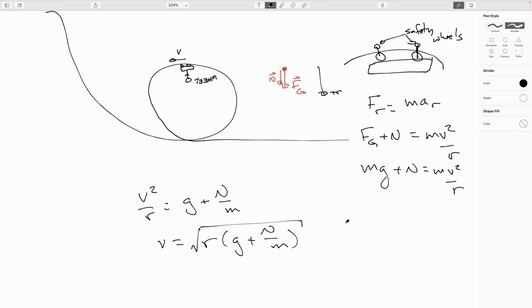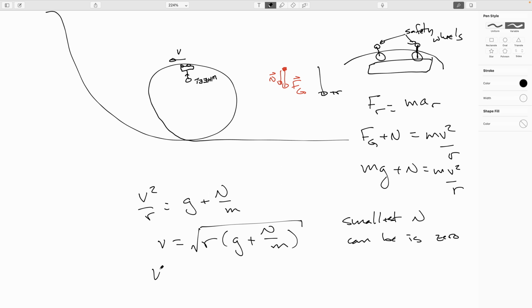Now, the smallest n can be is 0. Because otherwise, without the safety wheels, you would be detached from the track, and in fact, you'd be moving in a parabola, which could be very exciting, but would also probably be pretty lawsuit-inducing. So we don't want that.